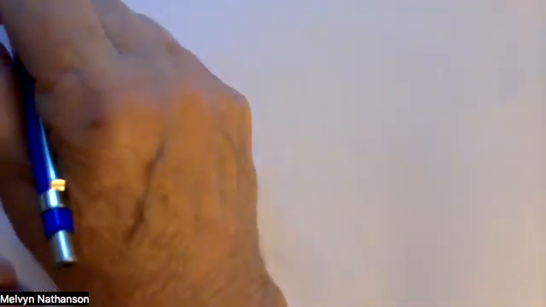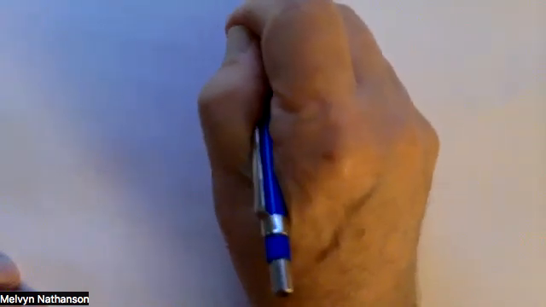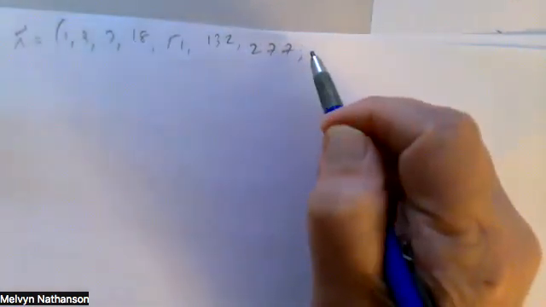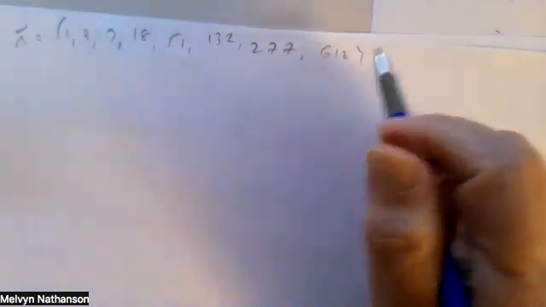In the exercises in the review sheet, number 12, we have a sequence R consisting of the numbers 1, 3, 7, 18, 51, 132, 277, and 612.